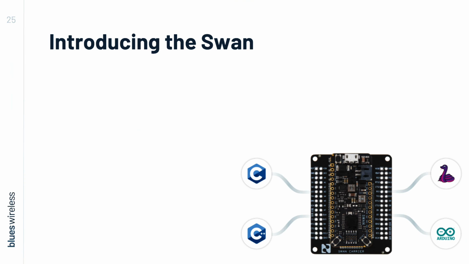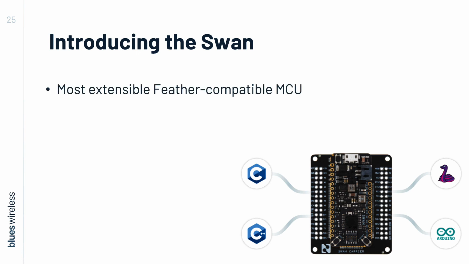Before we turn it over to questions, I did want to mention that about a month or so ago, we released our own Feather-compatible microcontroller called the Swan. I, of course, used it for my portion of the demo today. The Swan is actually the most extensible Feather-compatible microcontroller available. When you pair it with the Swan carrier board you see here in the bottom corner, you get full access to 55 ports and I/O.